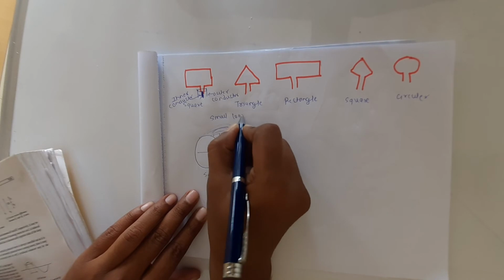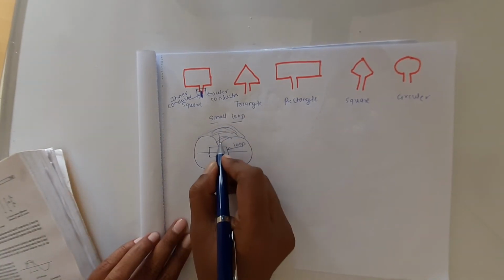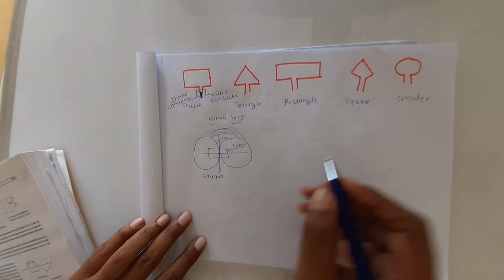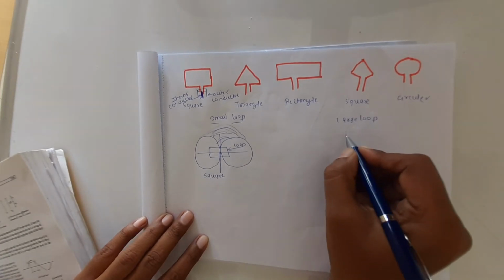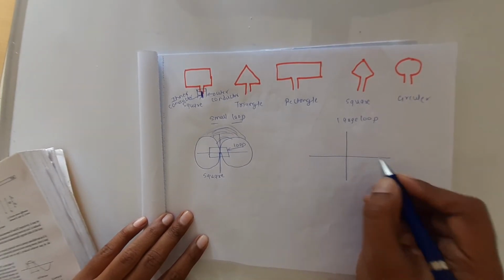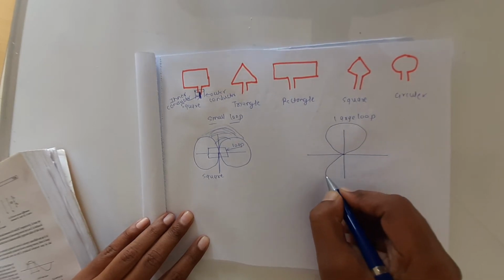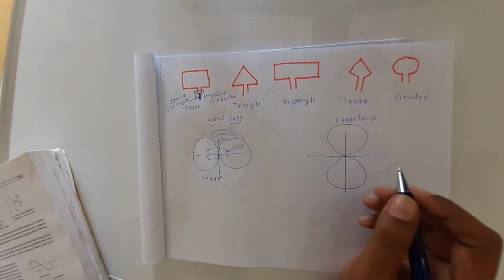For a small loop, the radiation will be parallel to the loop axis, and for a large loop it looks like this structure. So the radiation is perpendicular to the loop axis.